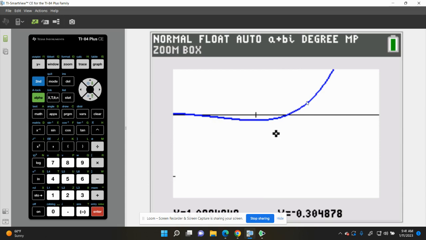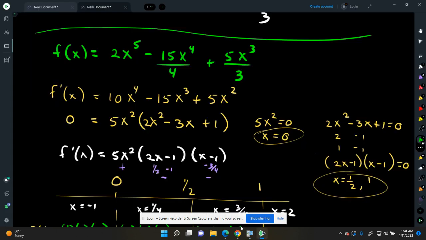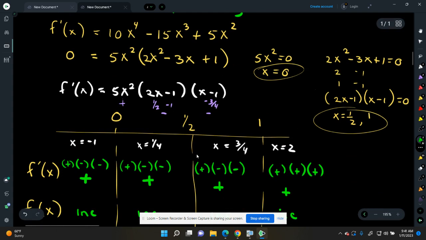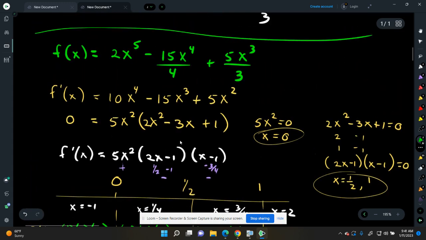So I'm going to double check my values. It appears to decrease right here, right? It appears to be decreasing. So let me just double check my numbers. Did I take the derivative correctly?